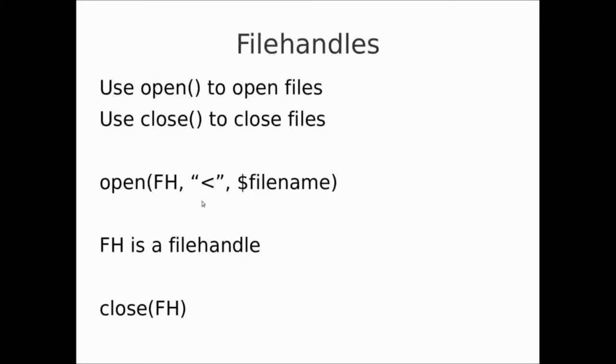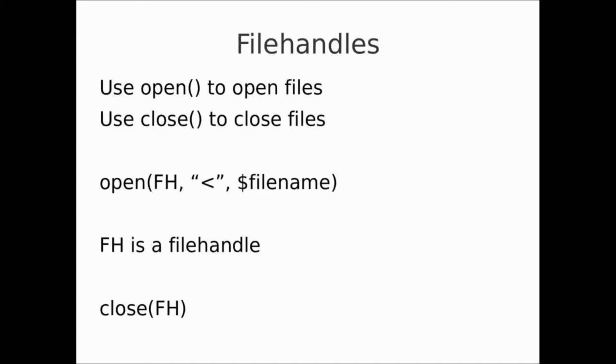The second is a direction. In this case, it means open this file for reading. And of course, we have reading, writing, and appending, and I'll show you the 3 notations for those in just a second. And then the third argument is the file name that we actually want to open. So we have open, a file handle, a direction, and the file name.